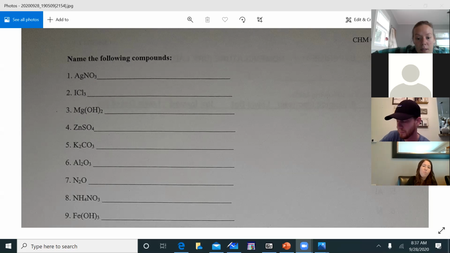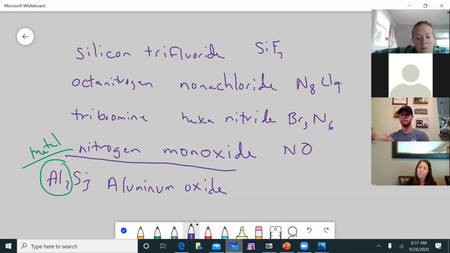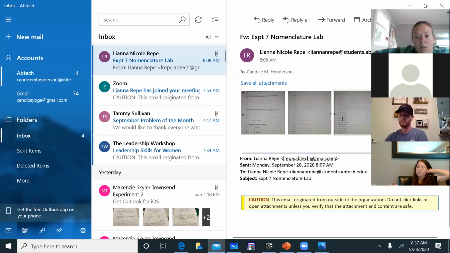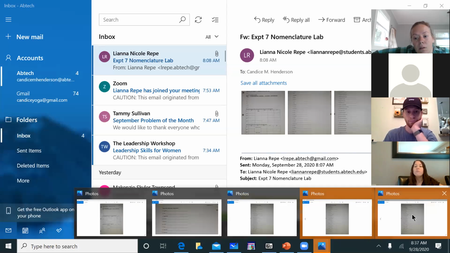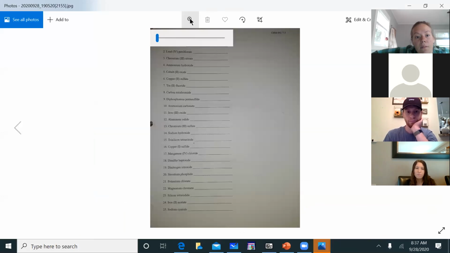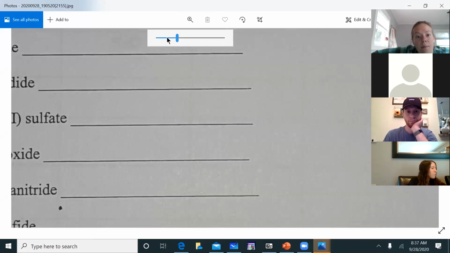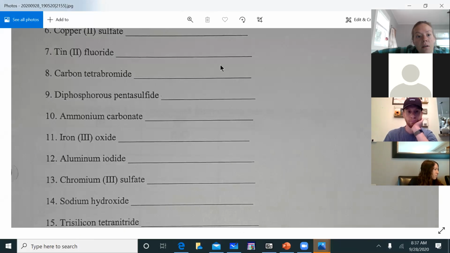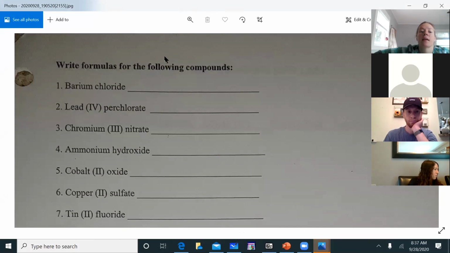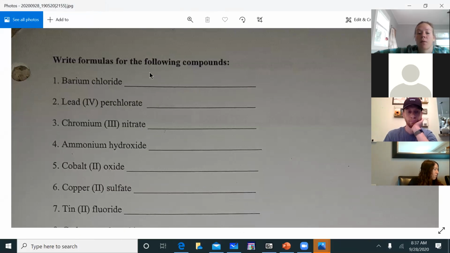Let's go to the final page. All right, the final page is going in the opposite direction in that it gives you the name and it wants you to write a formula.